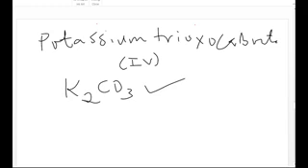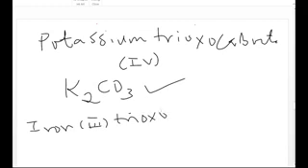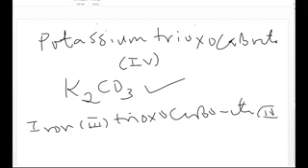Now, who will write for us the chemical formula of iron(III) trioxocarbonate(IV)? Iron(III) trioxocarbonate(IV).